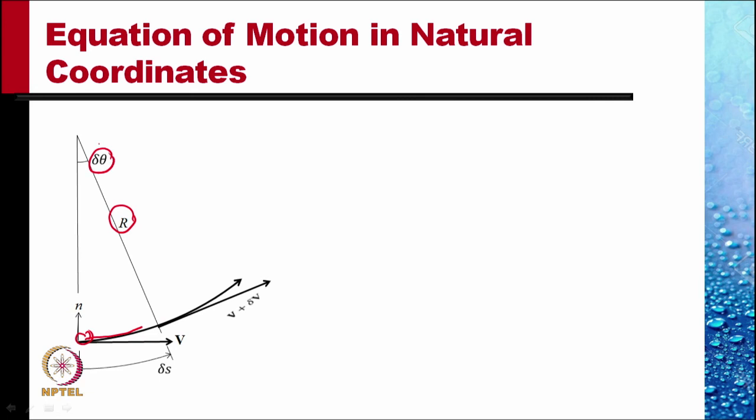The velocity vector now would be tangent to this arc at this point, and let its magnitude be V plus delta V.